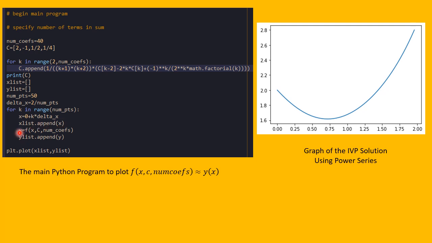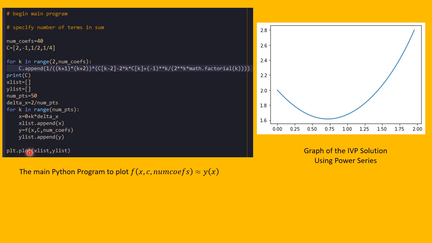I will calculate a y value using that value of x and the coefficients that we have, and the partial sum will have 39 terms in it. And then whatever this y value is, we'll append it to y list. After this for loop ends, we will have lots of points to plot. And we have here plt.plot x list y list.